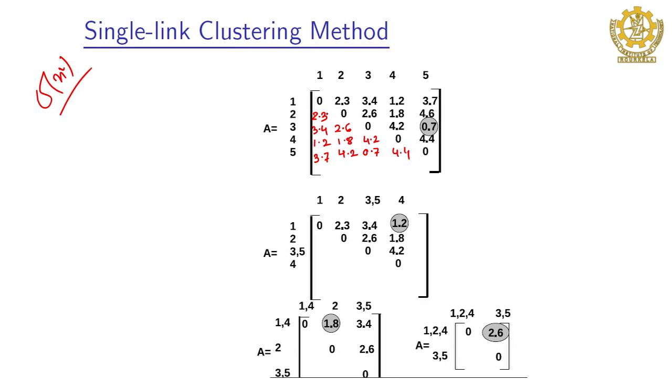While computing the distance from one point to all other points, obviously we must have computed the distances. 1 to 1 is 0, 1 to 2 is 2.3, 1 to 3 is 3.4, 1 to 4 is 1.2, 1 to 5 is 3.7. While computing the distance from 1 to other points, we are writing it here. Along with that, we find which point is the closest to 1. So we write it here.